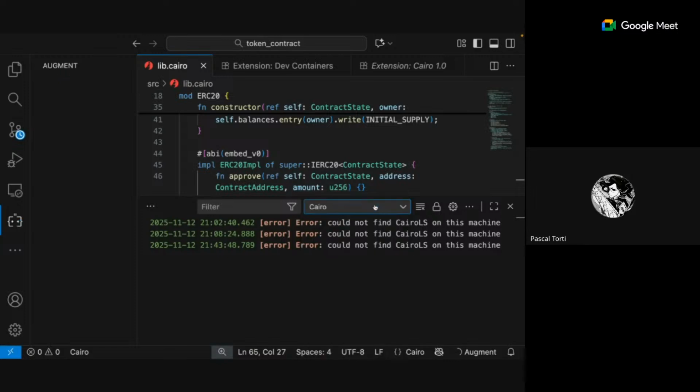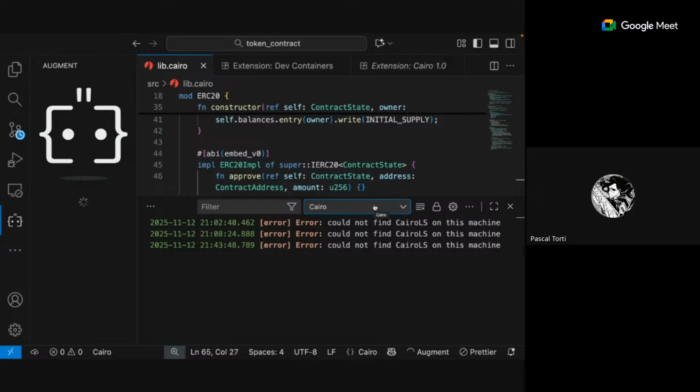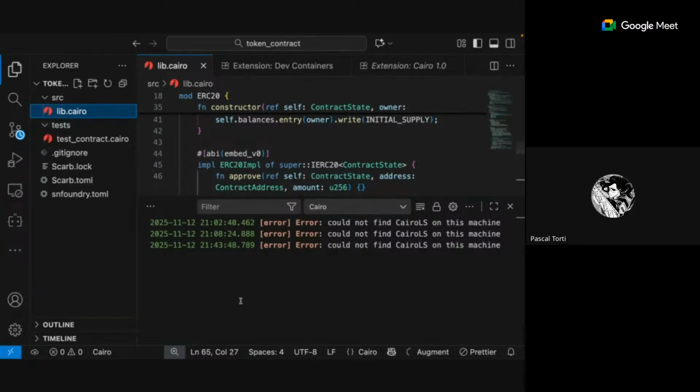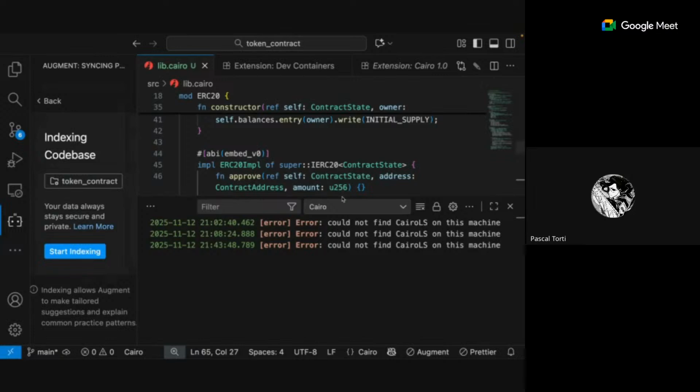Cannot find cairo LS on this machine. What a pain. What do you mean cannot find cairo LS on this machine? So now let's leave this for another class.